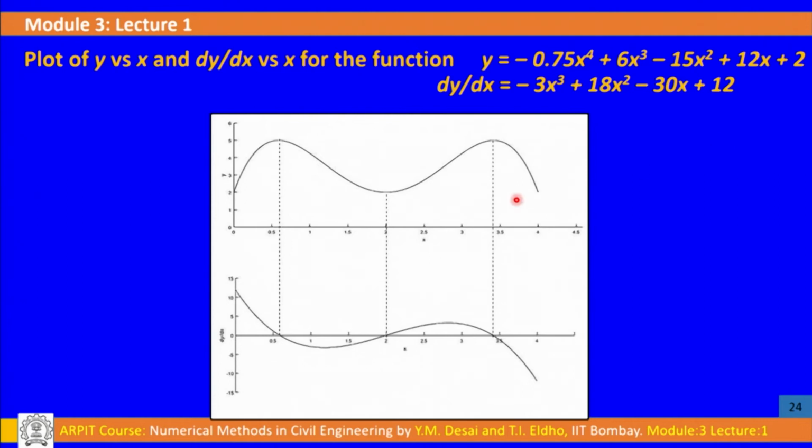So, now we can plot both the given function and its first derivative. You are representing one and the same function, but the representation is different. Wherever our function has local maxima or minima, that is where the slope becomes 0. So, we are able to spot these points.